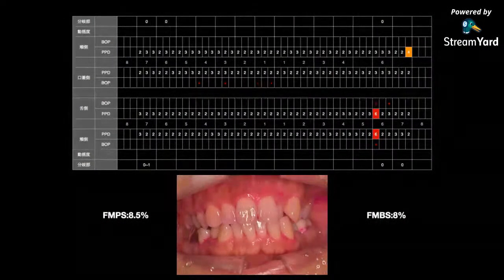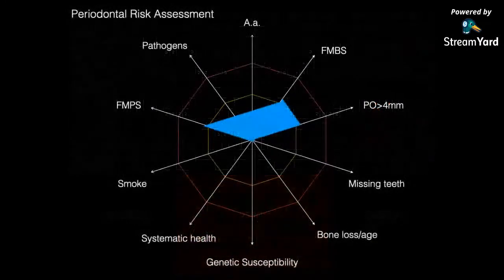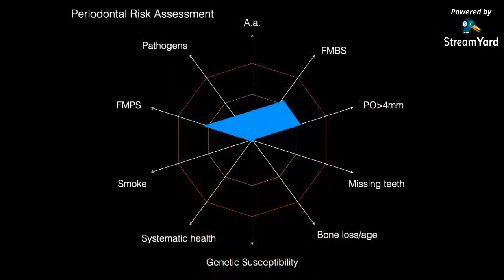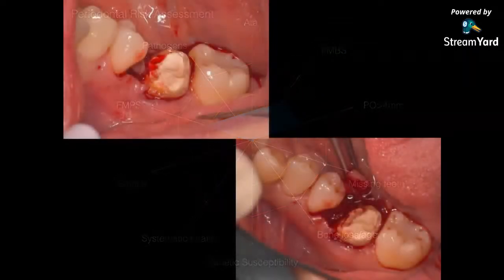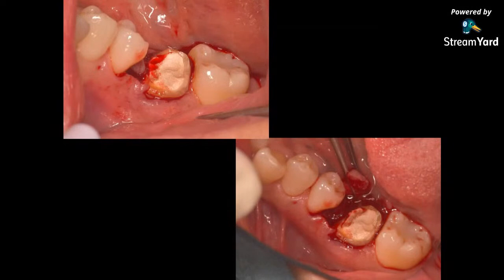So this patient got a plaque score of less than 10% and a bleeding score as well. And the risk assessment shows very good results compared with the last assessment. So we did periodontal surgery like this.